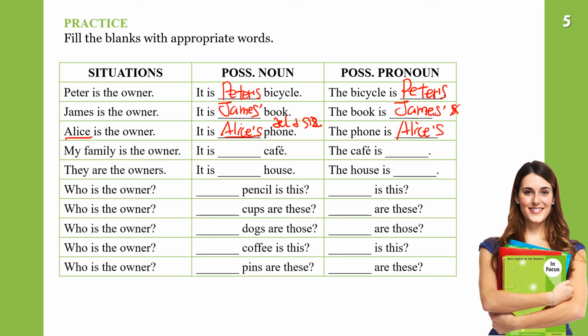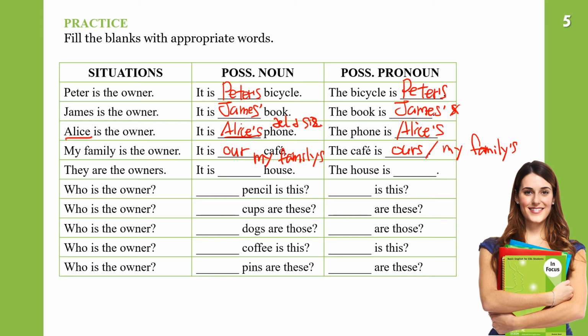So the phone is Alice's. My family is the owner. It is our cafe, or you can say it is my family's cafe. The cafe is ours, or the cafe is my family's.